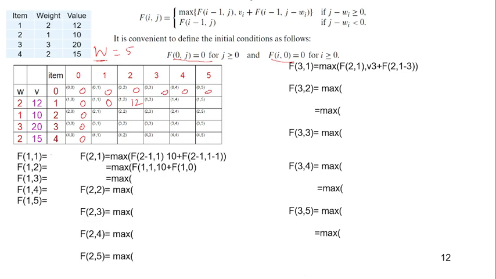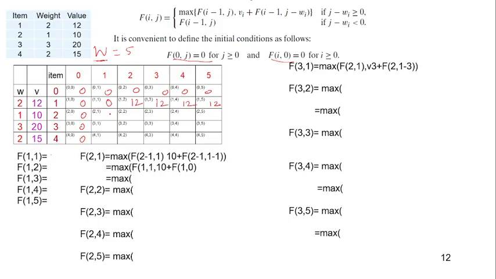Again, if you consider 3, the weight is 3, here the weight is 2, so you can put the same, 12, because you are considering only item 1. The maximum weight you can put into the knapsack is only 2. So 12 is the value.